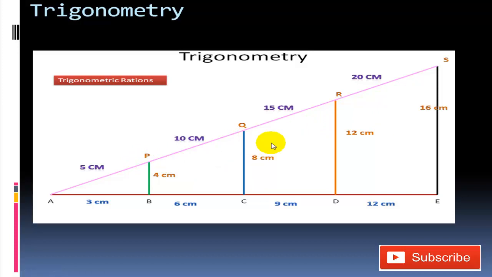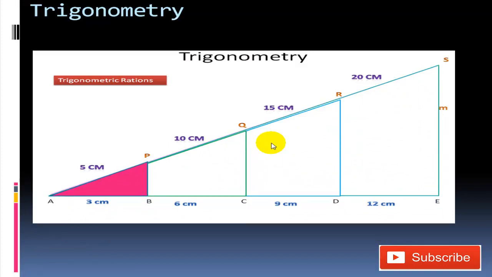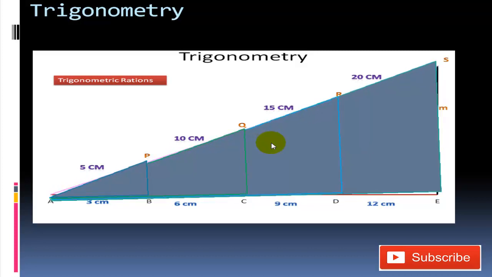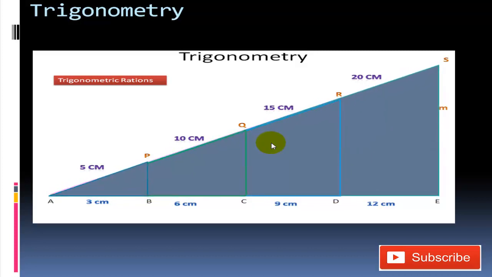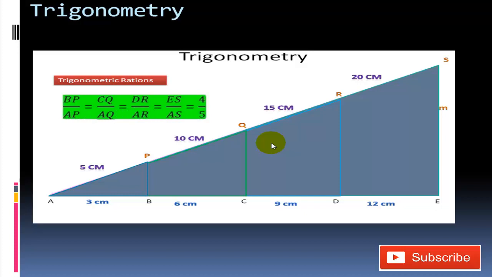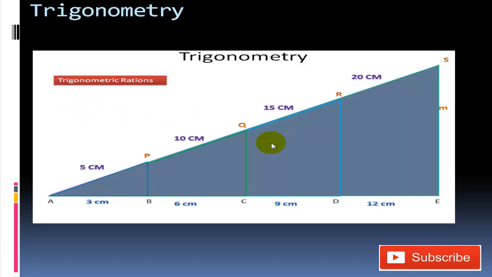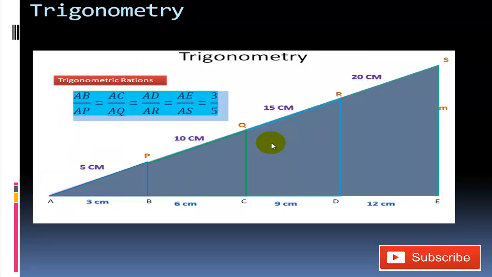Hence, we can say that triangles ABP, ACQ, ADR and AES are similar triangles. When we observe the ratios of opposite side of angle A and the hypotenuse in a right angle triangle, the ratio is similar for these four triangles. Similarly, when we observe the ratio of adjacent side by hypotenuse, this is also similar for these ratios.